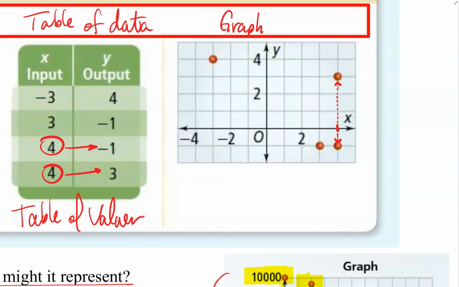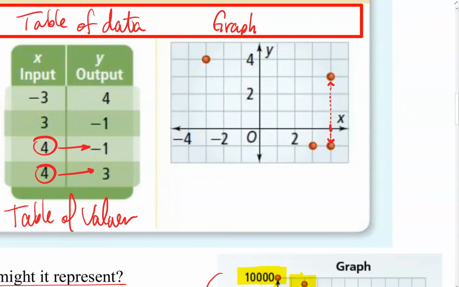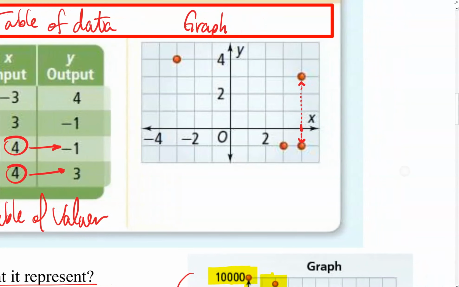So because these 2 inputs map to 2 different outputs, we end up generating a pair of data points that are essentially stacked on top of one another, and this is what we call a vertical line, when we create a line vertically, of course. And this corresponds to what we call the vertical line test.